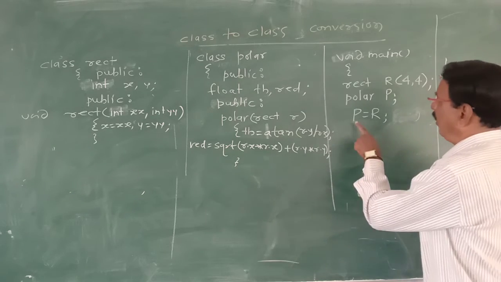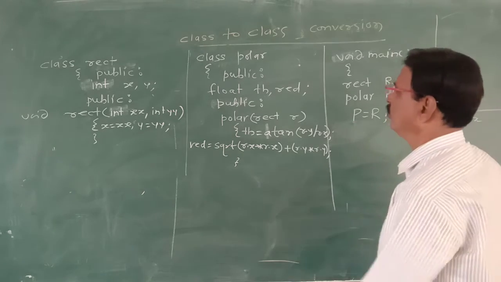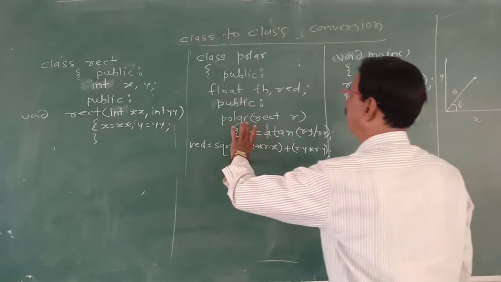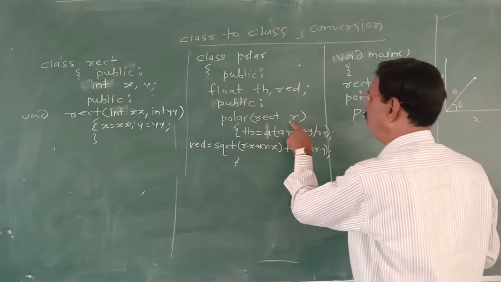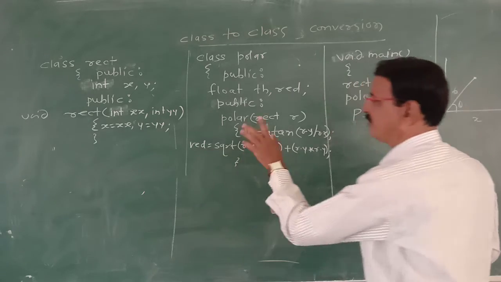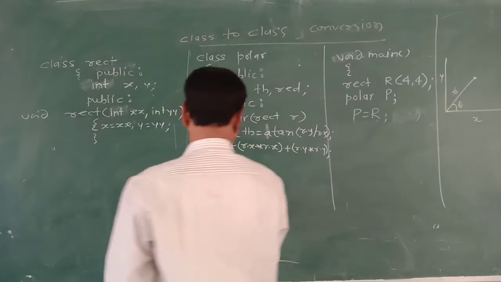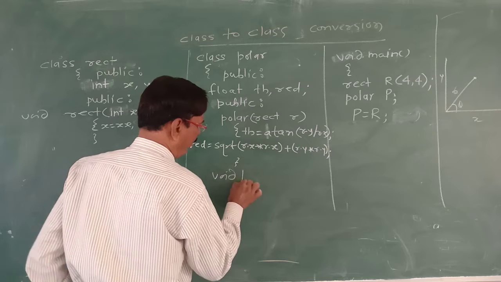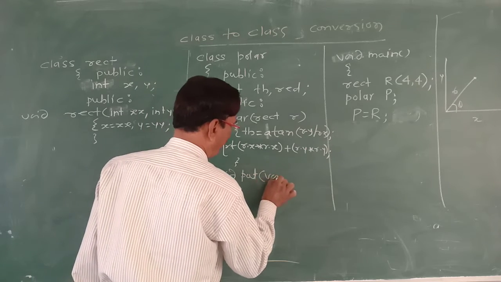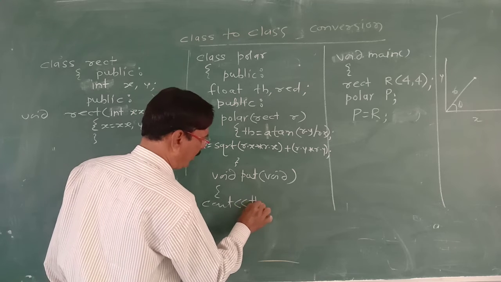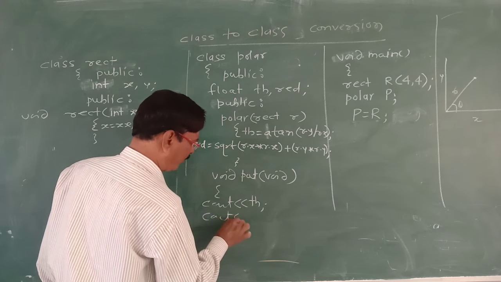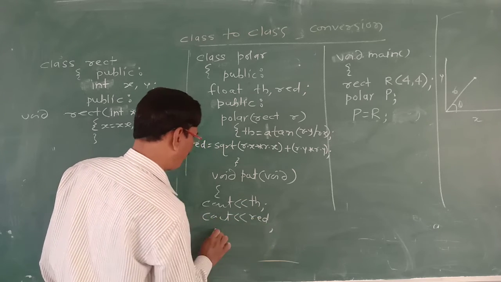So P is equal to r. This constructor will get executed. R will become the actual parameter, which is 4 and 4. It will be assigned to theta and radius. And suppose there is a function with cout theta, cout radius.